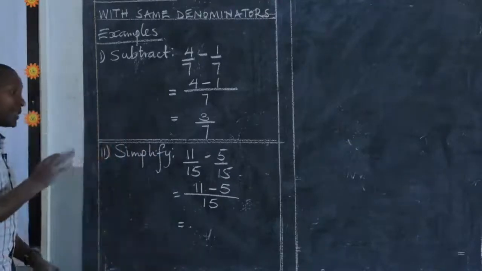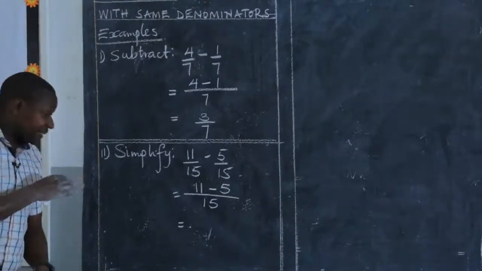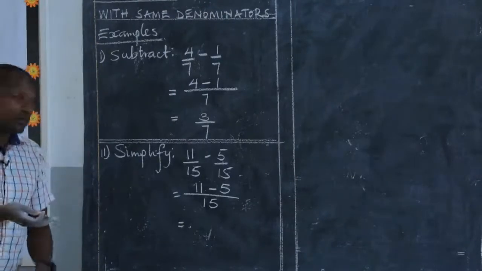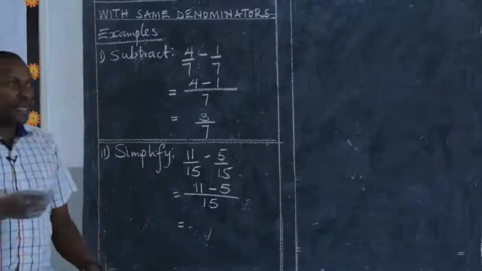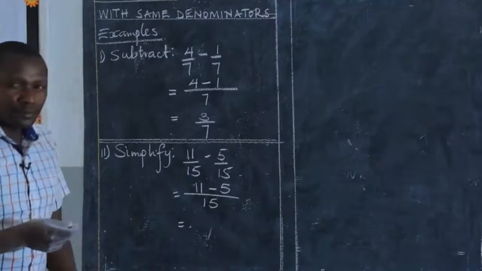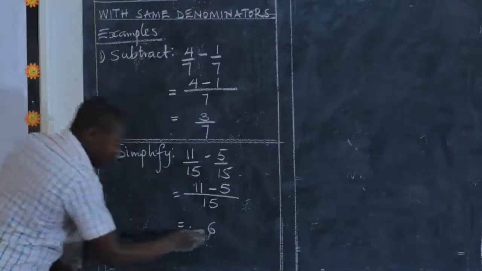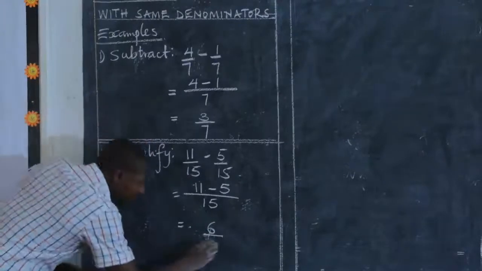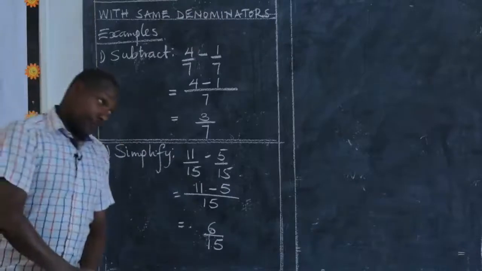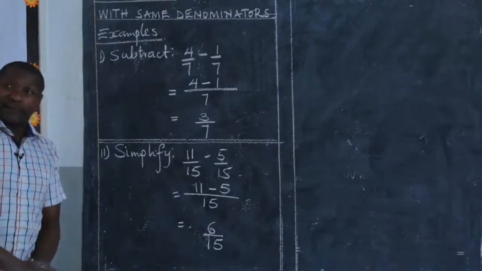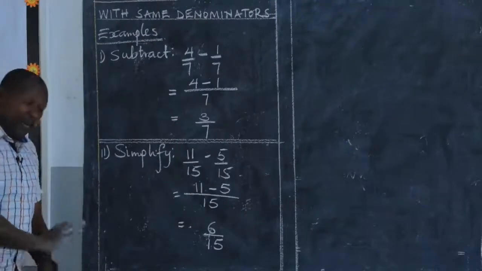And when we are subtracting in this case, please be careful, because when you make a mistake around here, you failed all. So 11 minus 5. Try to give me the answer over there. Yes, I'm saying 6. And the common denominator is 15. This answer is very okay. Yes? Unless you have been told we can reduce.